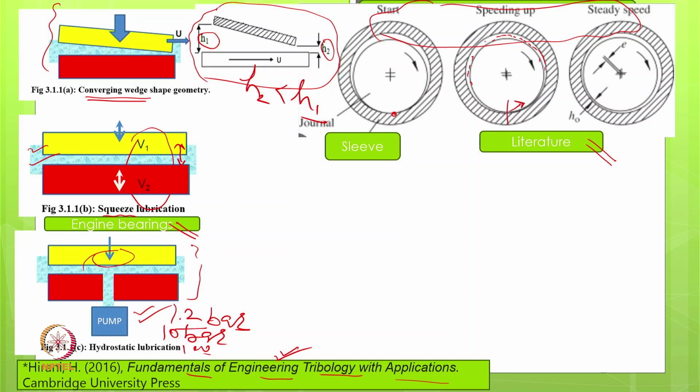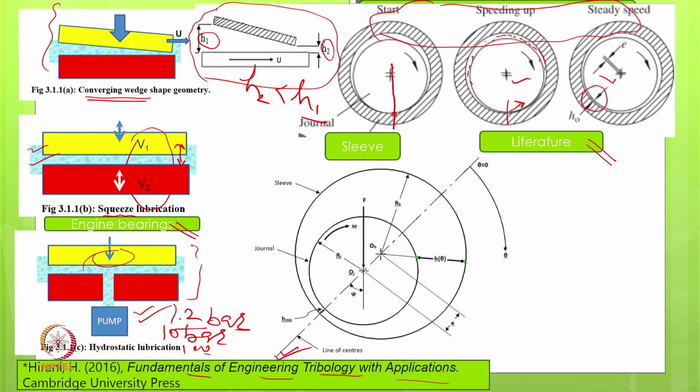Now, with a little more velocity, it shifts to this side. So first both the centers are vertically aligned, then the shaft center moves to this side, then the shaft center moves to this side. This is from the literature, and we know this is right.